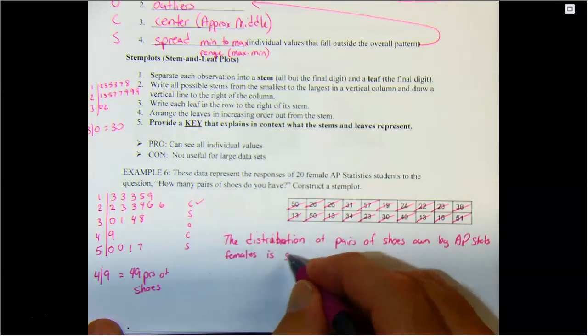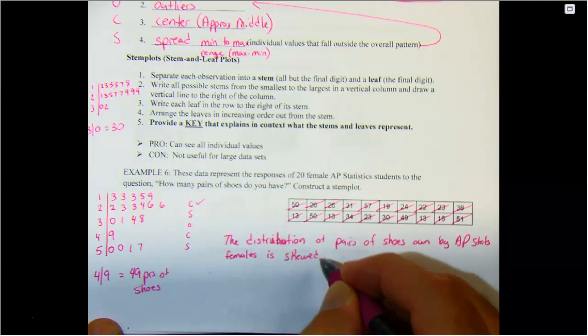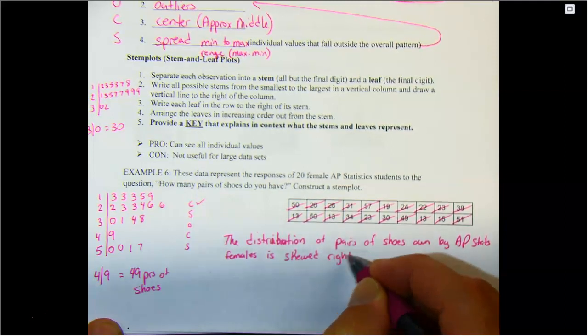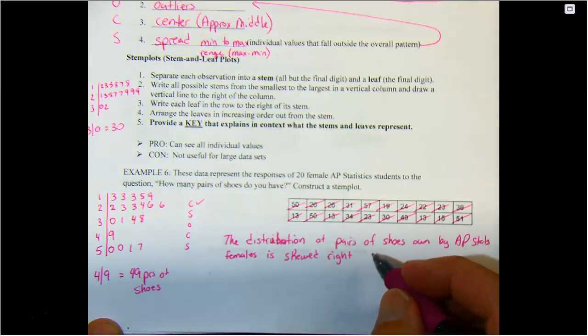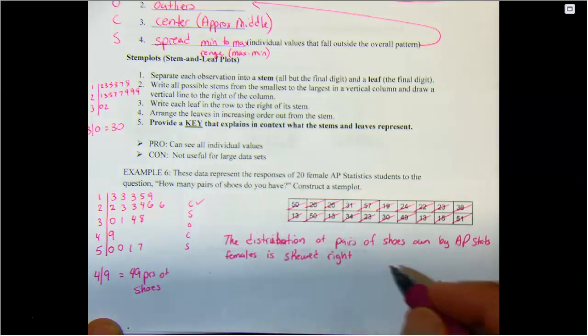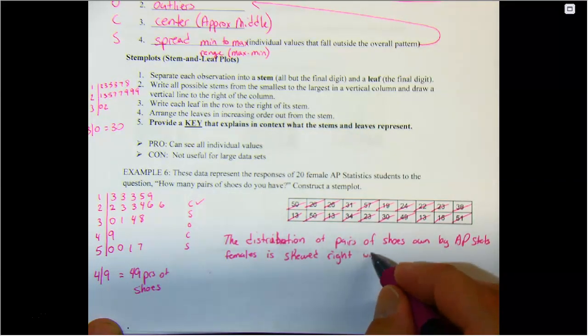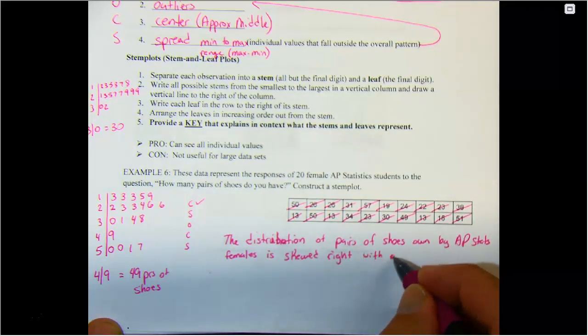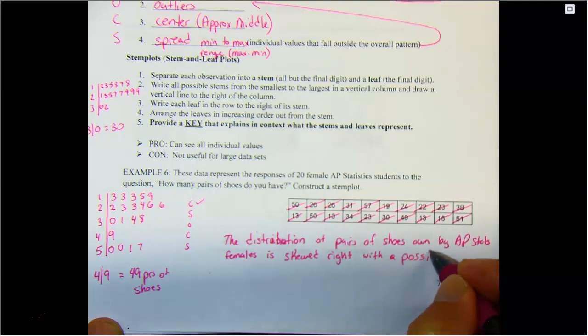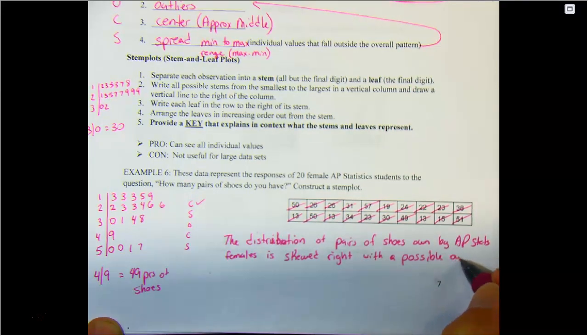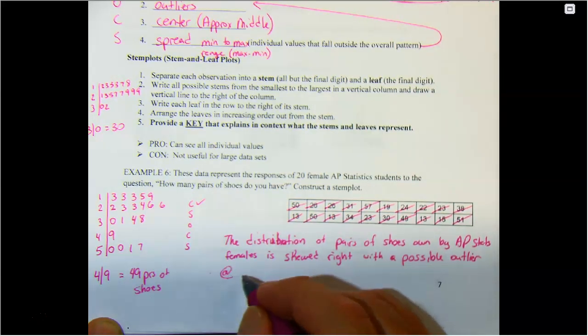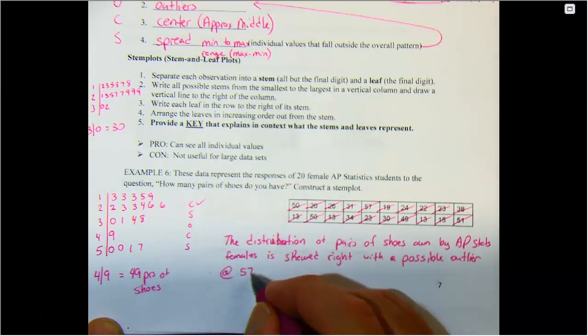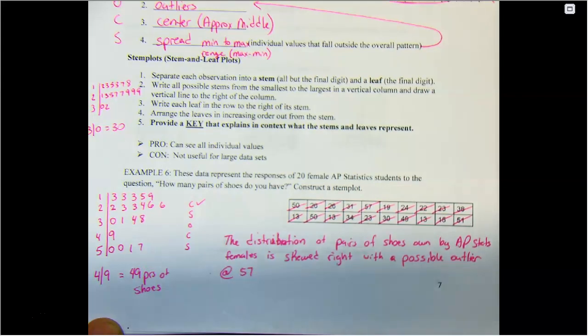So we're going to say it is skewed right with a possible outlier, and right now it's generic, because we don't have the mechanics to calculate the outlier, which is fine. It's 57.